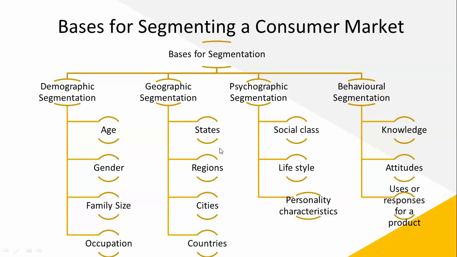So that is psychographic segmentation. Or else you can use a base as behavioral segmentation. You can use based on the knowledge, attitude, or the use or response a consumer is given for a particular product. Based on that also, you can divide the market into smaller segments.